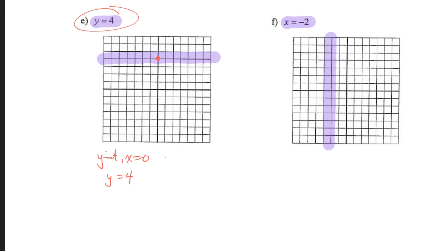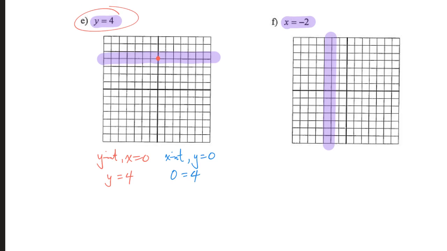Now I'm going to find my x-intercept. So to find my x-intercept means that I allow y to equal 0. And that gives me this equation, that 0 equals 4. Okay, the first thing to notice, is there a variable in there? No. So that statement is telling me that 0 equals 4. When does 0 equal 4?